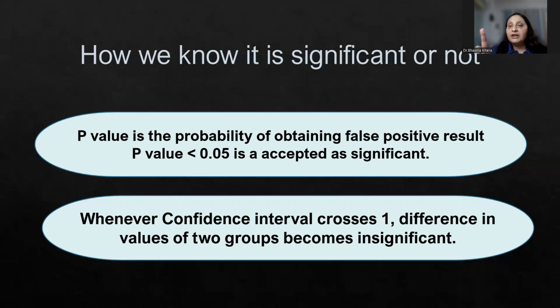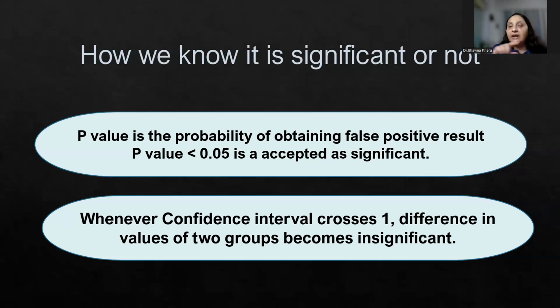So there is a 1 in 20 chance that this result happened just by chance and is not a correct result, meaning it is a false positive. Out of 20, only one chance is there that the result may be false positive, and if so, we say the result is significant.